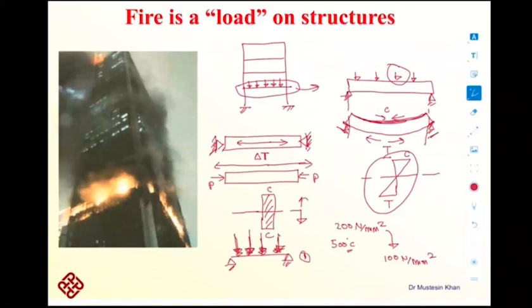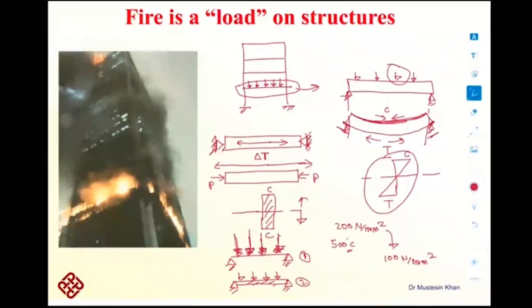And the other scenario is that you don't increase the load, you keep the load constant. The other way by which you could fail this beam is by reducing its capacity. And what does fire do? It reduces the capacity of this material. So the fire is doing both things.